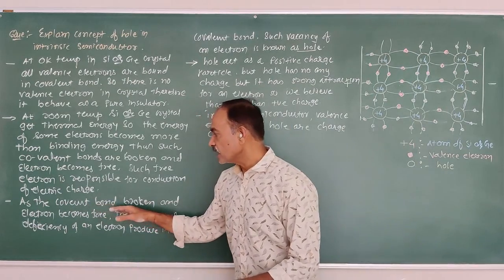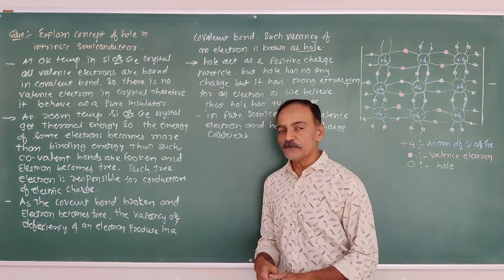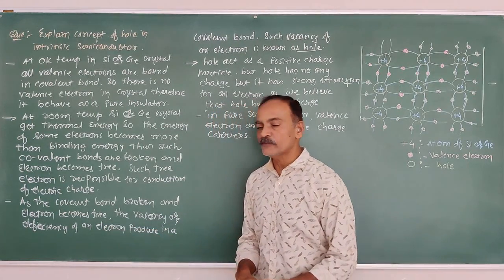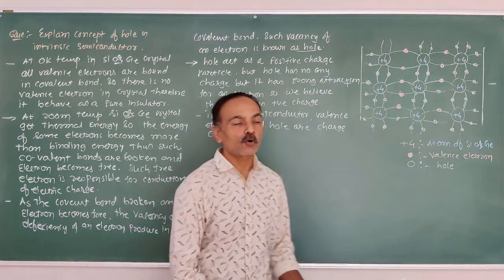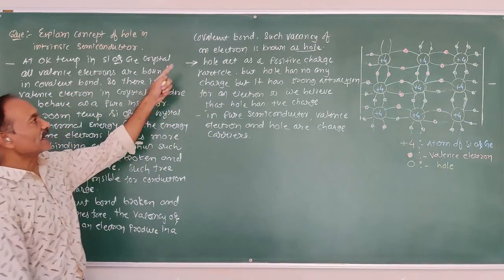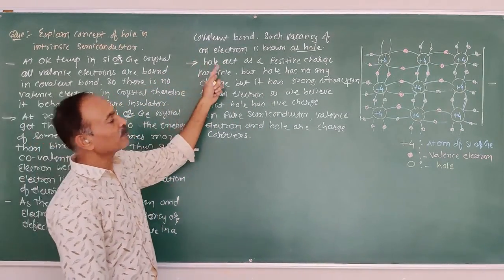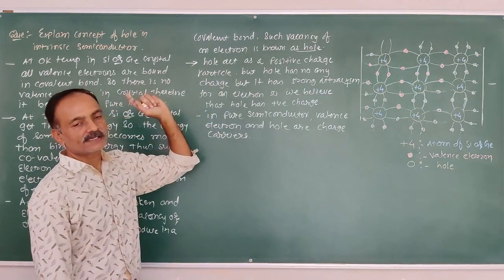Now, as the covalent bond is broken and the electron becomes free, the vacancy or deficiency of an electron is formed in the covalent bond. Such a vacancy of an electron is known as a hole, and it acts as a positively charged particle.